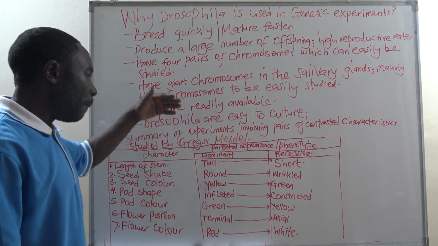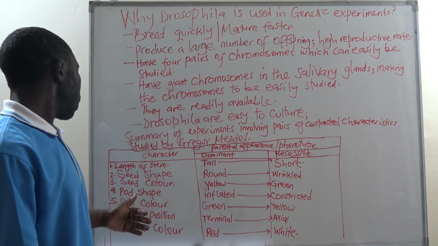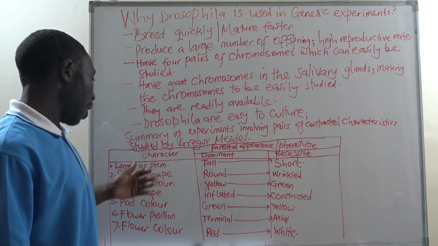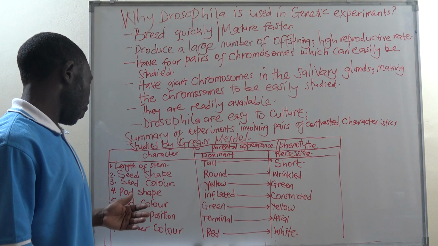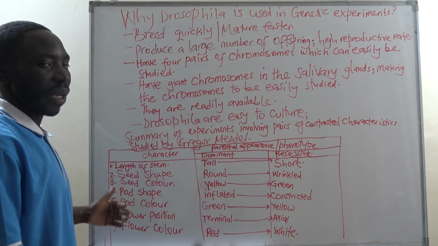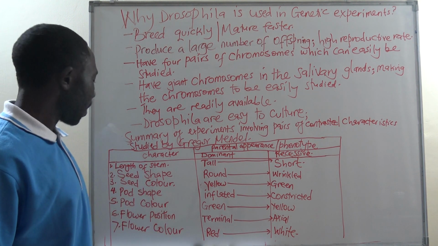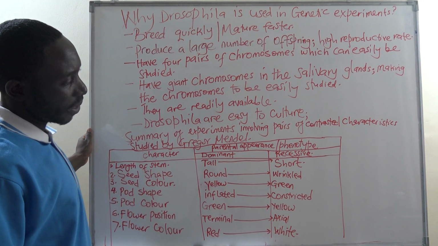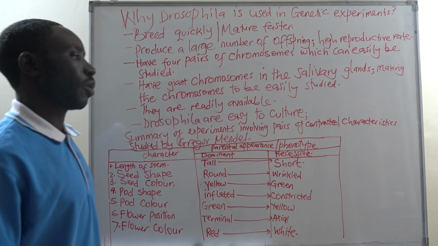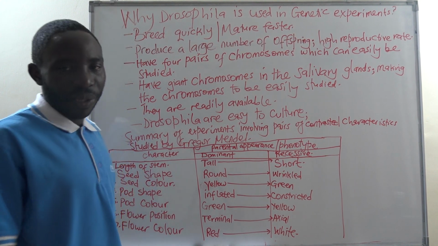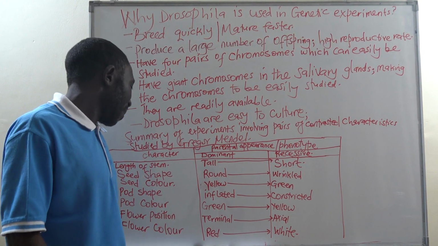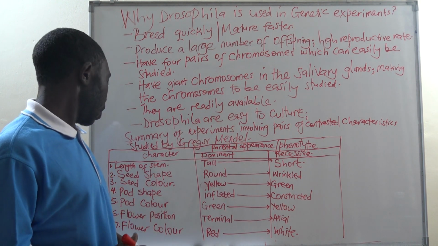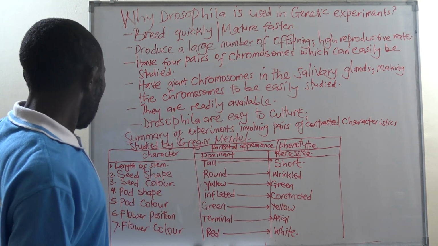So what does it mean? That Mendel performed 7 experiments in monohybrid inheritance. And of course, these are the characters which he studied. That is why Mendel still remains outstanding when it comes to genetic studies. He did a very great work as far as the study of genetics is concerned. So that is it.